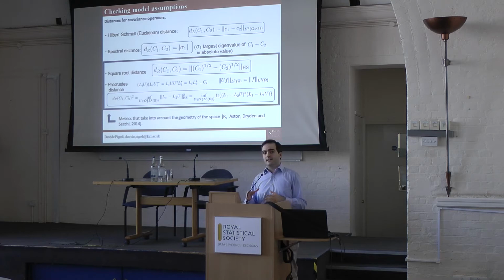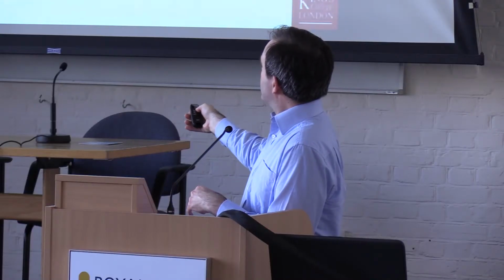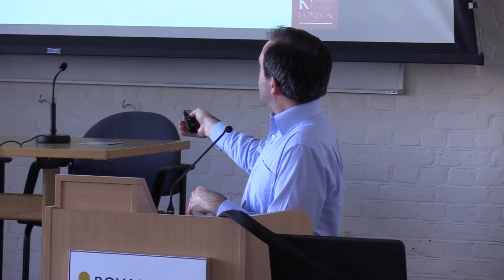The way I understand it is that the Procrustes distance accounts for the fact that the square root is not unique. So any transformation L in the space of symmetric operators gets you back to the original covariance.